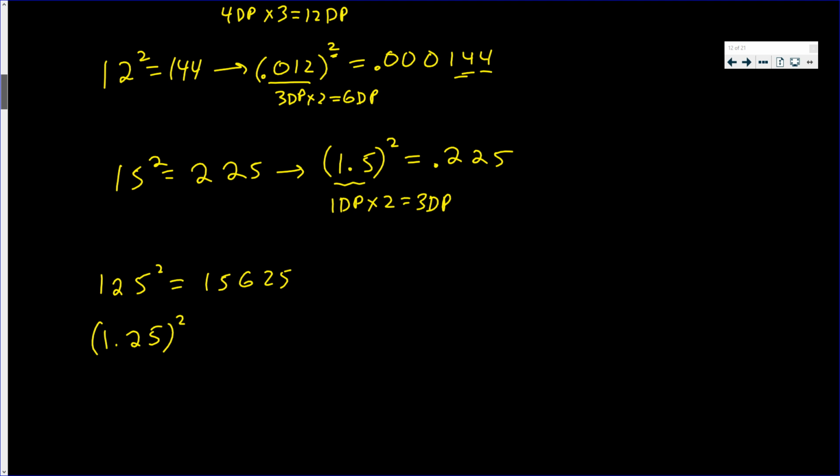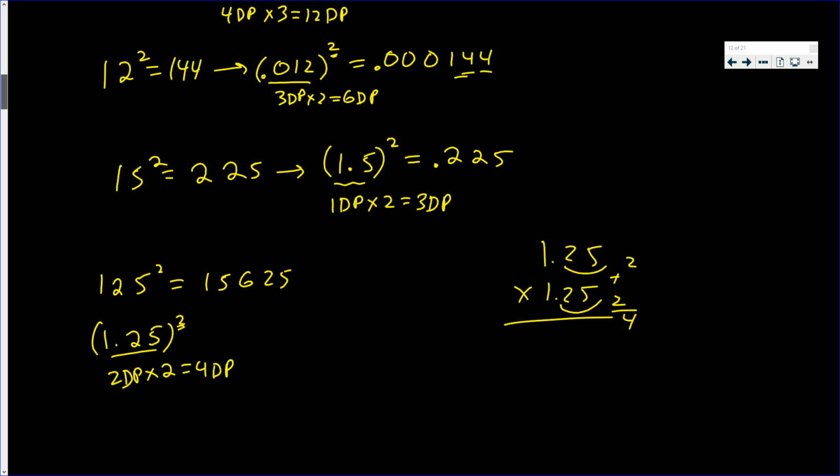So this is 2 decimal place number, and we're multiplying it by itself 2 times, so we should end up with a 4 decimal place number. Just like if you actually did this, you would go in 2 places and then 2 places again, and you would say it's a 4 decimal place number. Now I know it's 15625, and I have to go in 4 places. 1, 2, 3, 4.